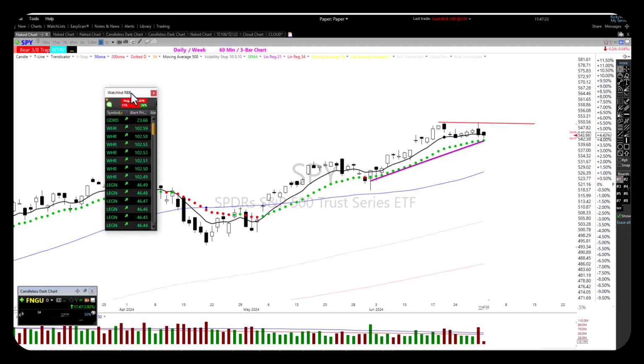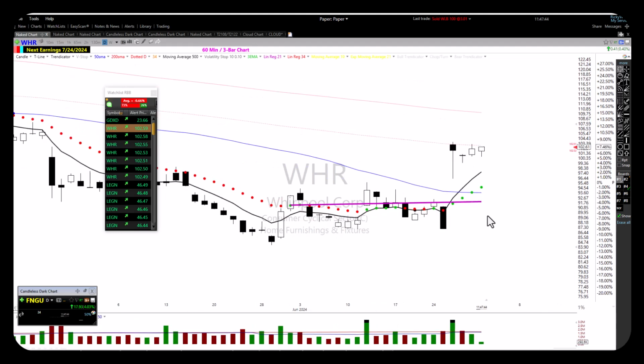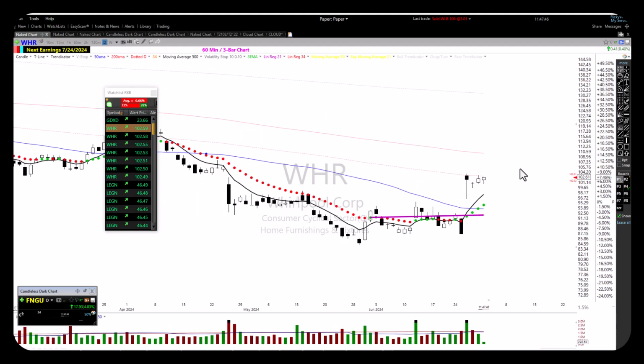But on the RBB watch list, let me make sure this stays on top. There we go. You can see that WHR is setting up for that RBB setup. That's one of the nice things about LTA. You can set up these individual watch lists to do exactly what you want it to do. Like this is an RBB one, and here we are set up for it right now.